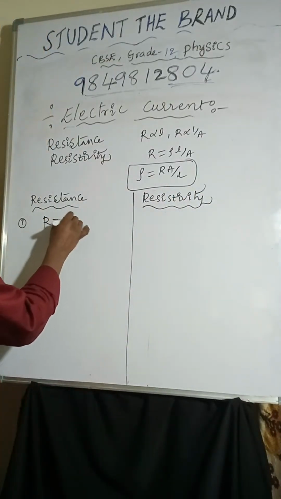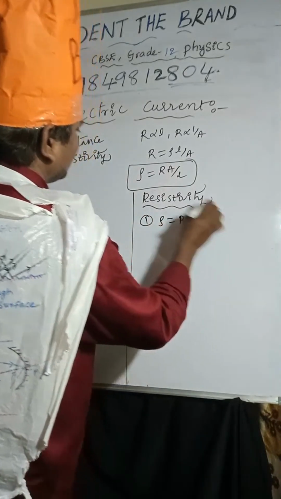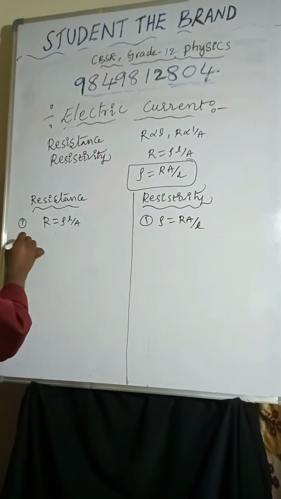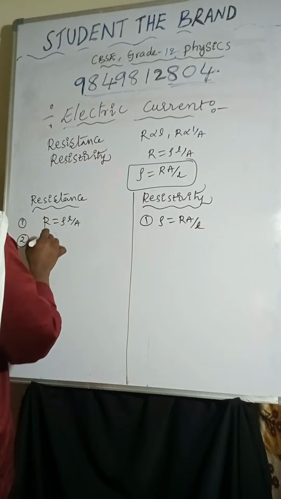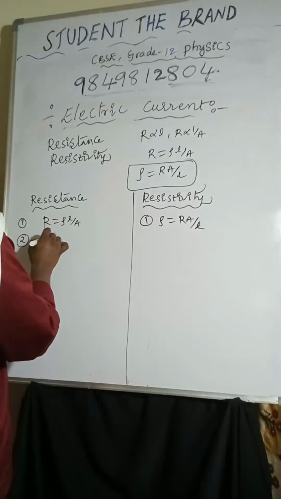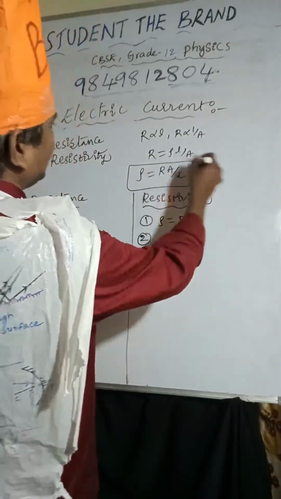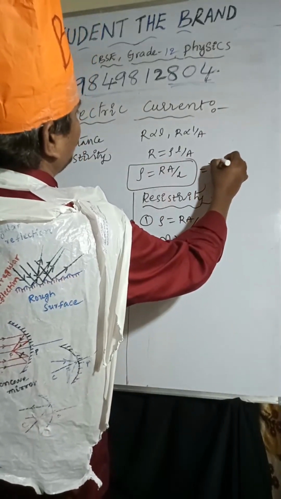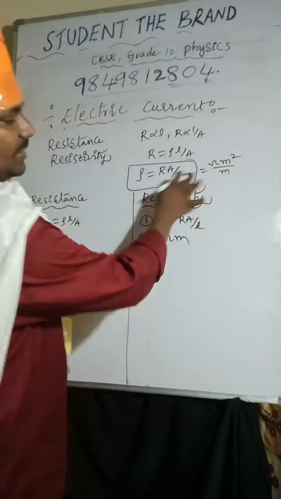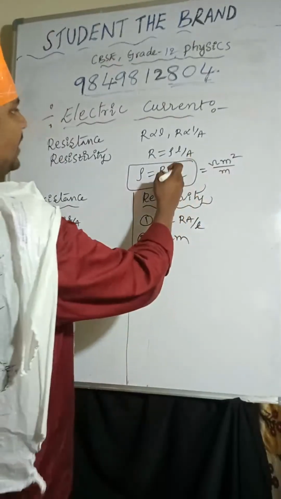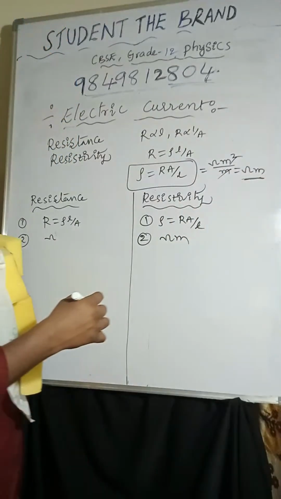R equal to rho into L by A, so rho equal to R A by L. The SI unit of resistance is ohm. The SI unit of length is meter. The SI unit of area is meter square. So we get ohm meter. So that is the SI unit of resistivity.